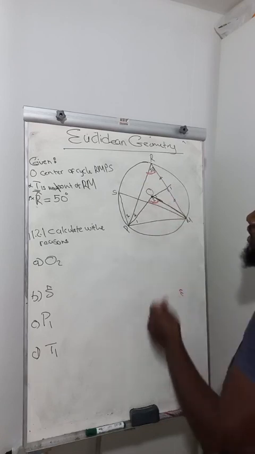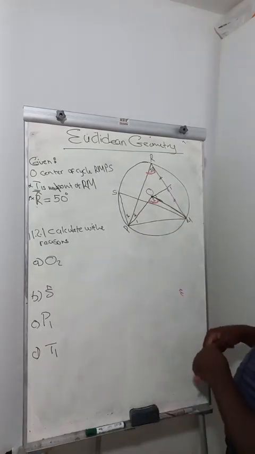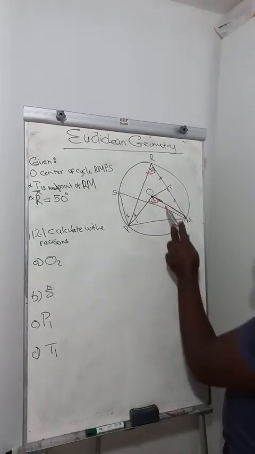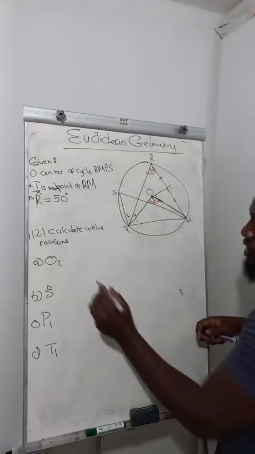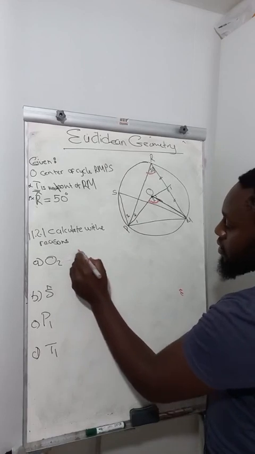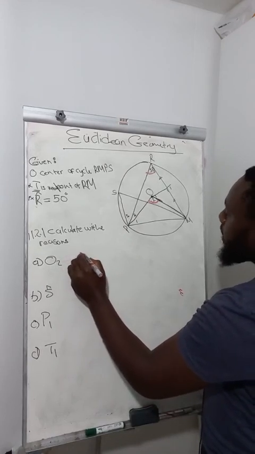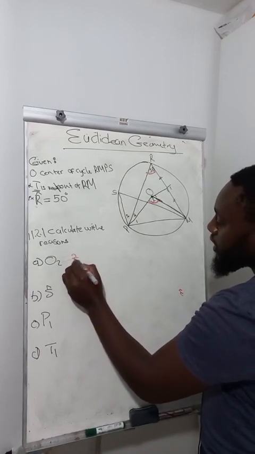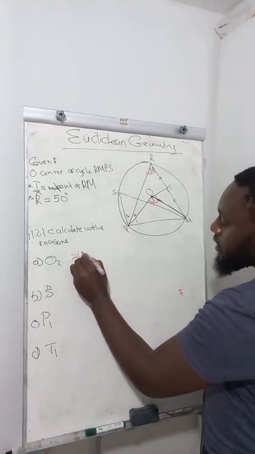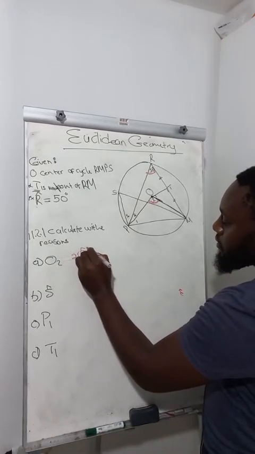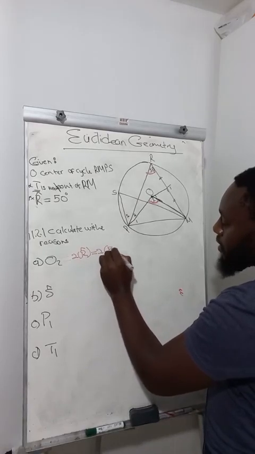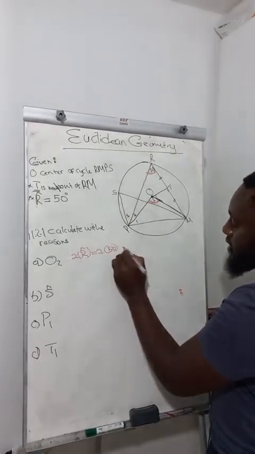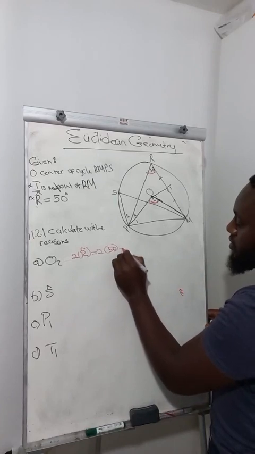I think we are just coming from proving this. Now, if you check here, it says angle at center is twice the angle at the circumference. So it means angle 2 is twice angle R, which means this will be 2 multiplied by 50. This here will be 100.